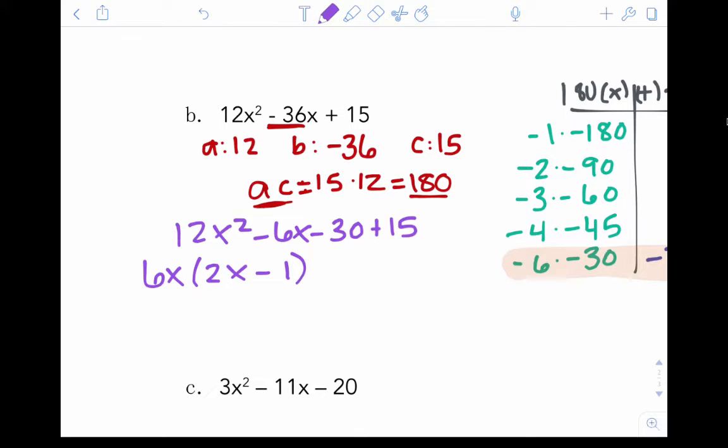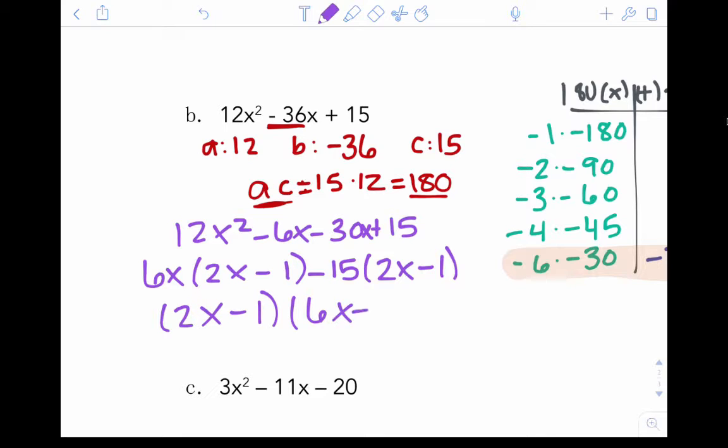For my second two, I'm going to have to factor out a negative 15, and I'm left with, that should be a 30x, positive 2x minus 1. And so I have 2x minus 1 times 6x minus 15. And that's my final factored answer.